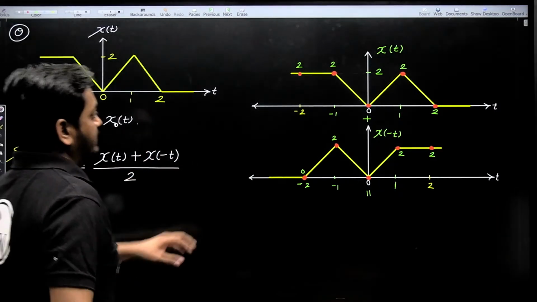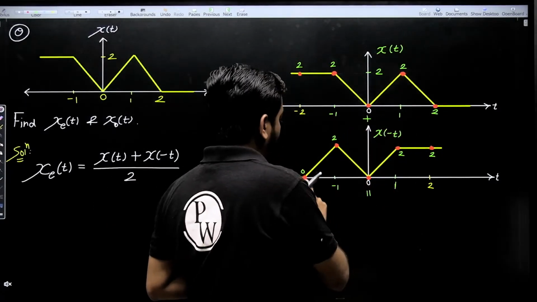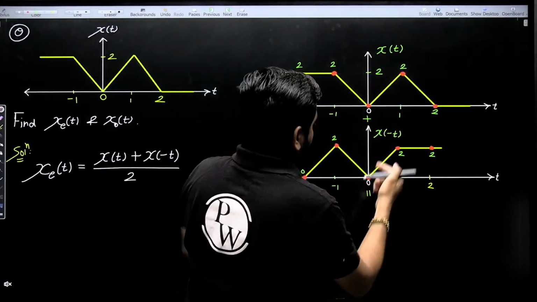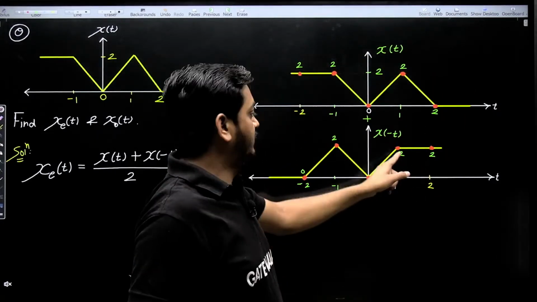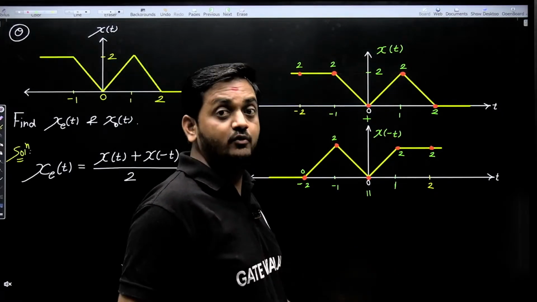So first draw x of t, then fold with respect to the axis. So this triangle between 0 and 2, now between minus 2 and 0, is folding with respect to the y axis, time reversal. So this is x of minus t, this is x of t. Now add these two signals and finally amplitude is divided by 2.